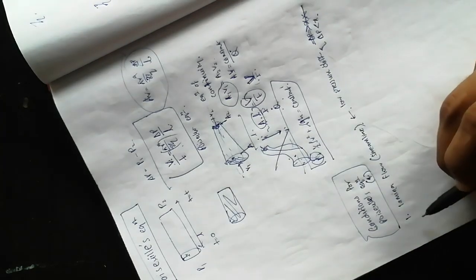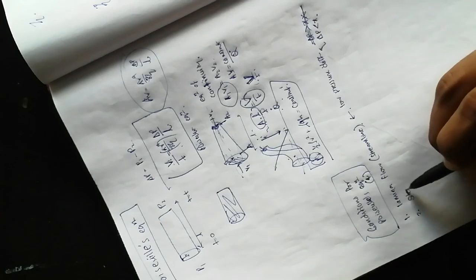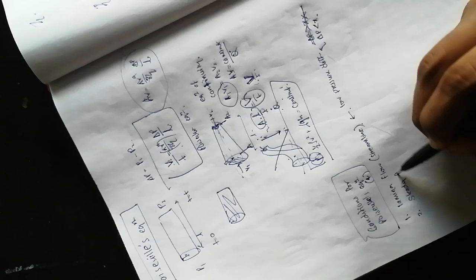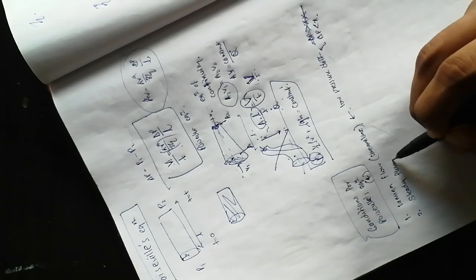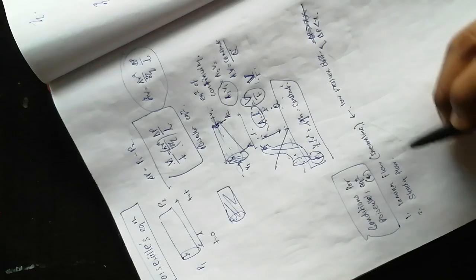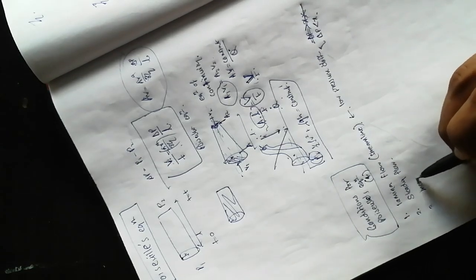The second thing is it should take place under steady conditions. Steady conditions means the flow should be a steady flow. The third one is the liquid should be incompressible.